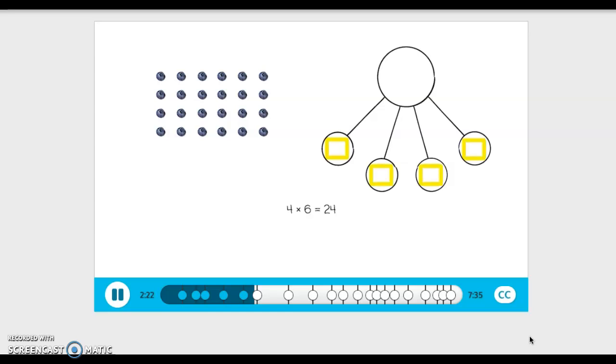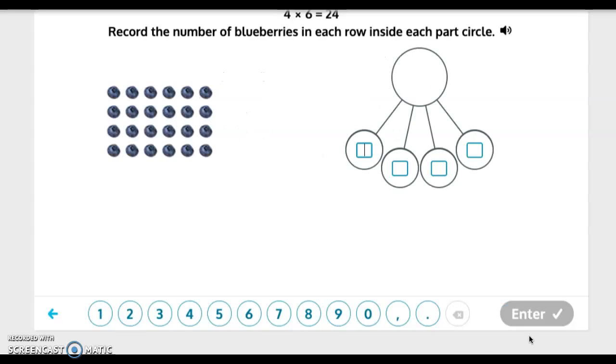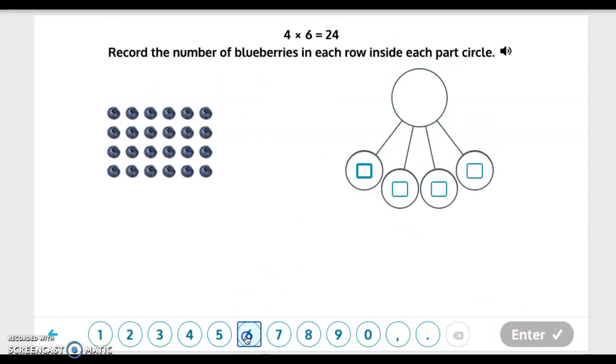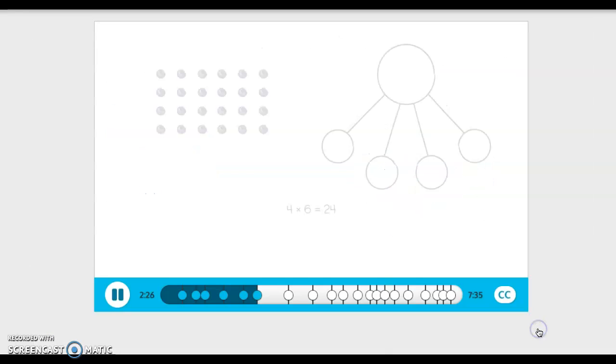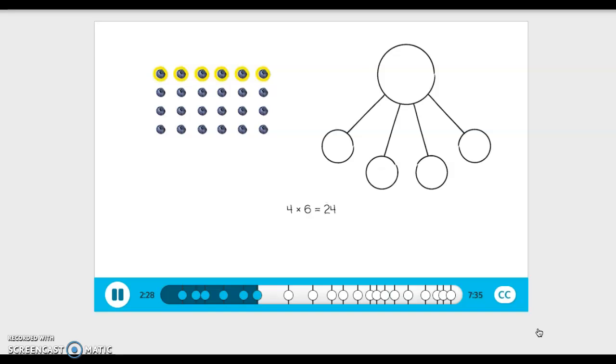Record the size of each group inside each part circle. Each row has 6, so I wrote 6 in each of the 4 part circles.